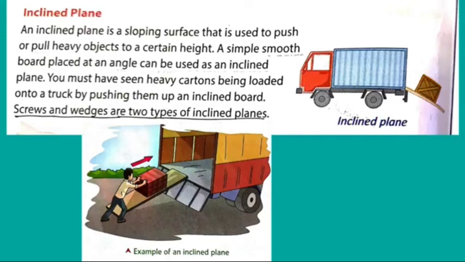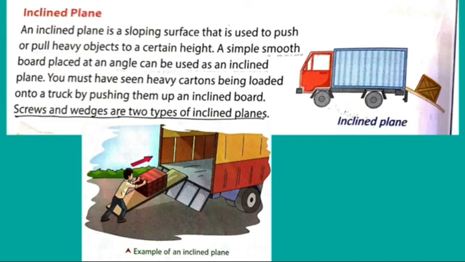A simple smooth board placed at an angle can be used as an inclined plane. You must have seen heavy curtains being loaded into a truck by pushing them up an inclined board. The curtain means a box. To load the heavy box, we can use an inclined board.